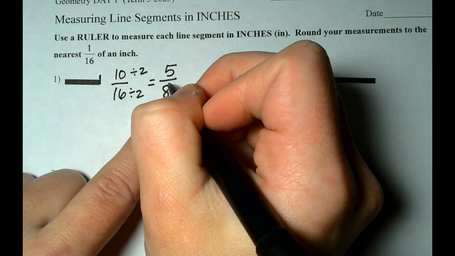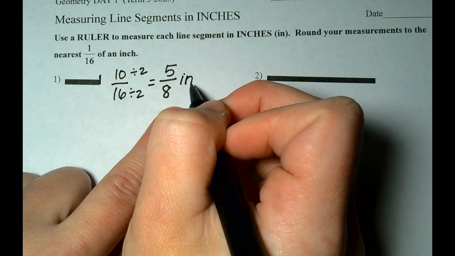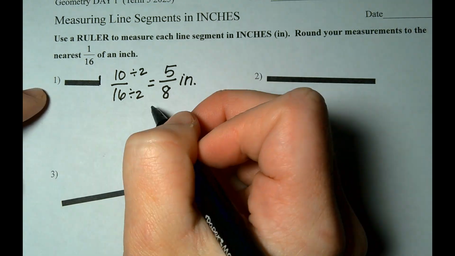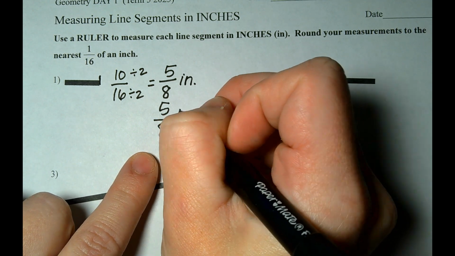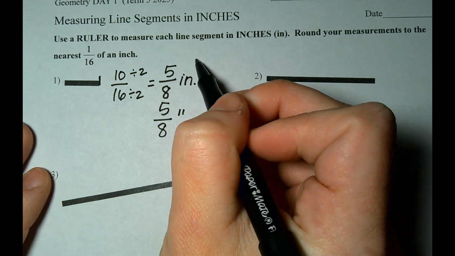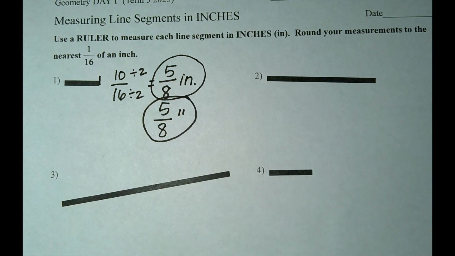You can either do 5/8 and write IN for inch, or the other way to abbreviate inches is with 2 dashes. Both are correct. For number 1, either one is good.